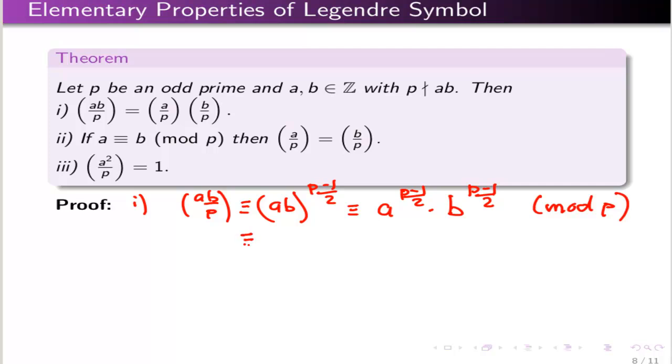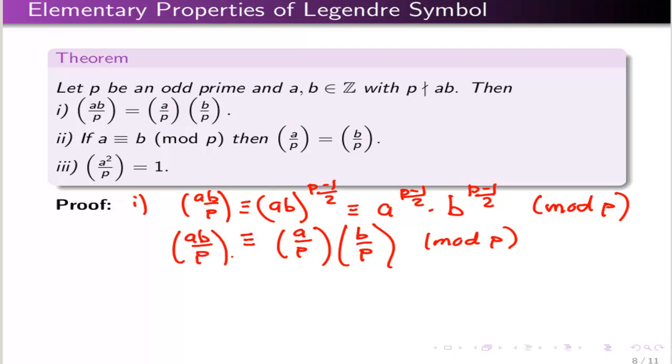And again, by the Euler criterion, a to the (p minus 1)/2 is the Legendre symbol a over p, and this is the Legendre symbol for b over p. And there you have it. So (ab over p) is congruent to (a over p) times (b over p).